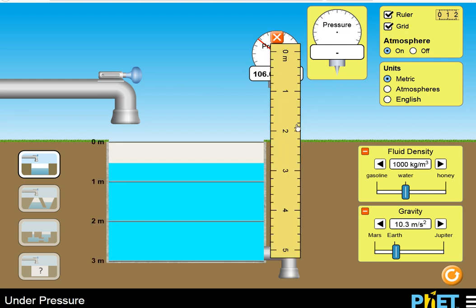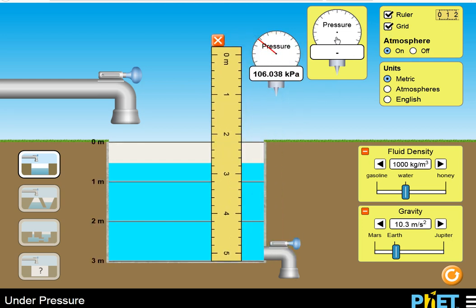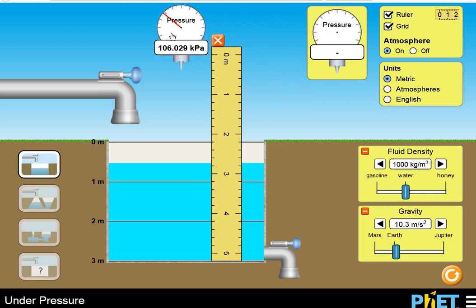You can measure the pressure at different depths using this atmospheric pressure meter. This measures atmospheric pressure, which should be 101.5 kilopascals. Here it says 106. In atmospheres, the atmospheric pressure is 1 atmosphere.